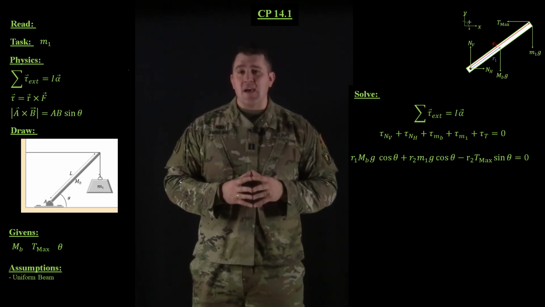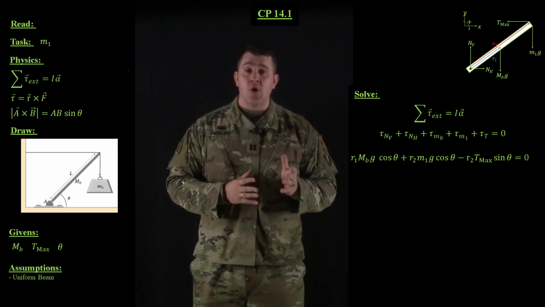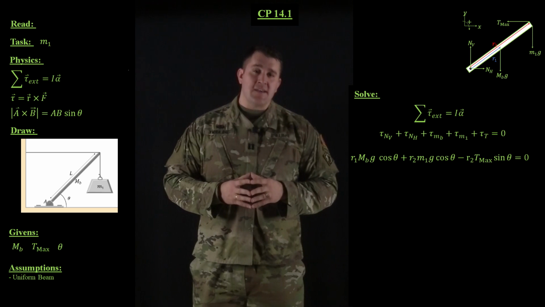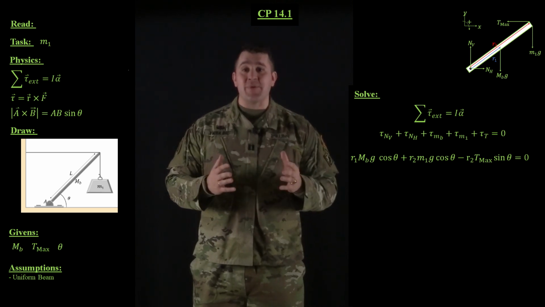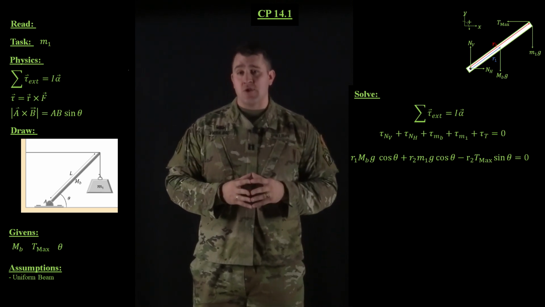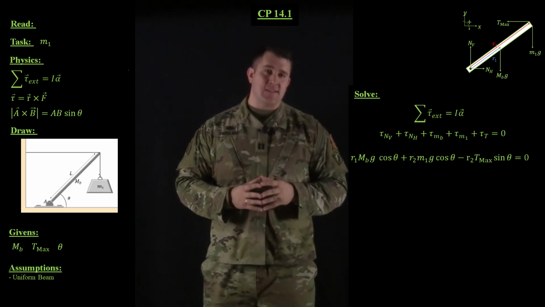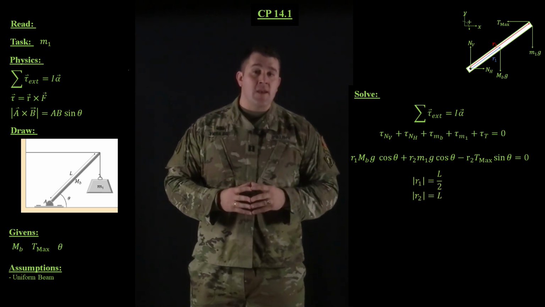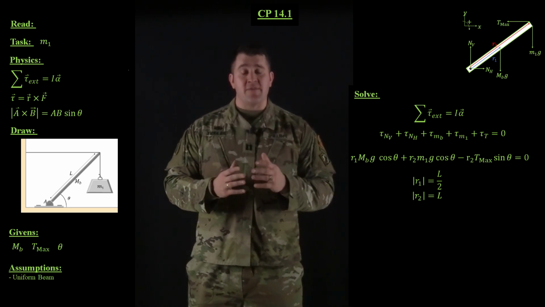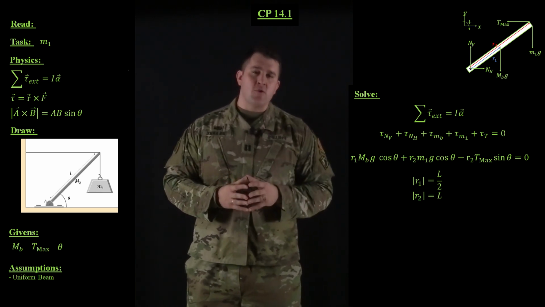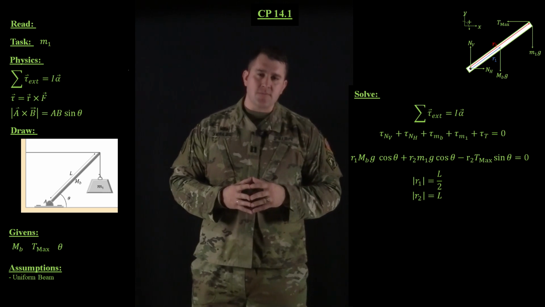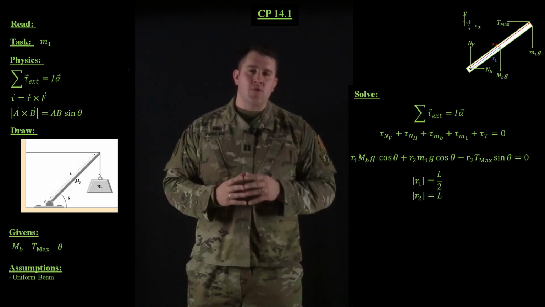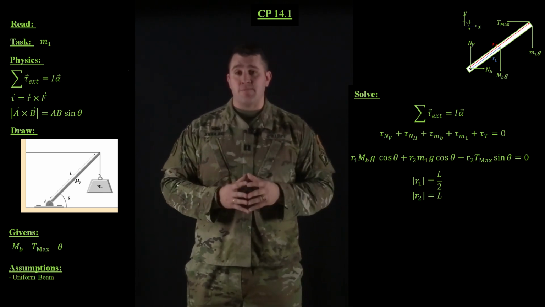That's because when I conduct that cross product, R2 crossed with T, I see that that direction is opposite the coordinate axis that I chose, and so I'm going to list it as negative. Finally, I'll note that R1 is equal to the length of this beam divided by 2, and that comes from our uniform beam assumption. And R2 is going to just be the length of the beam.